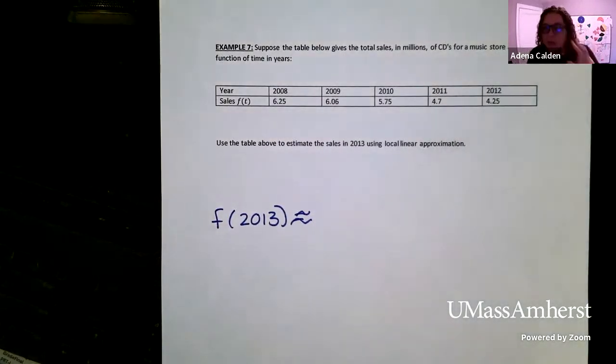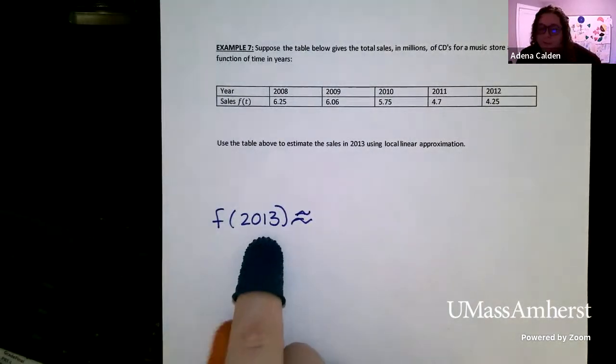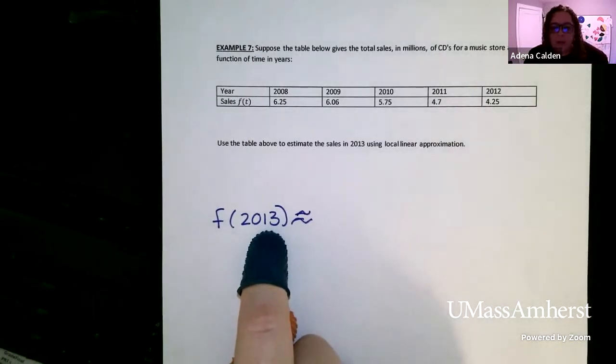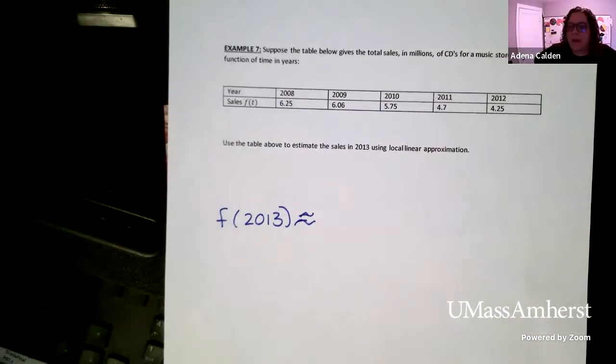So I want you to take 2 minutes, see if you can figure out how to put this all together. And again, keep in mind that the further we are away from this year, the worse the approximation. So we want to stay as close to 2013 as we can.